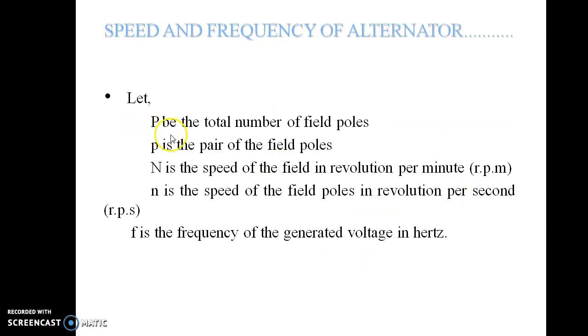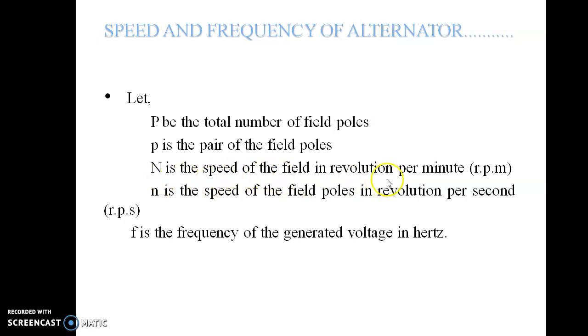Let capital P be the total number of field poles, and small p the pair of field poles. If capital P is 4, small p will be 4 by 2, that is 2.